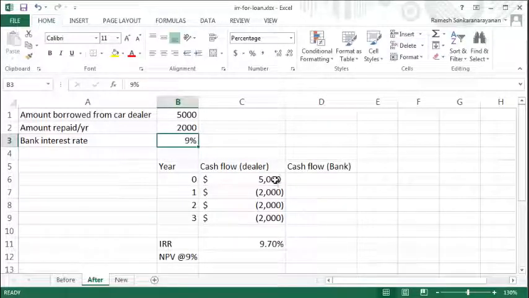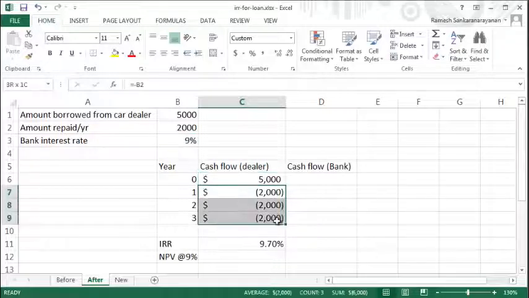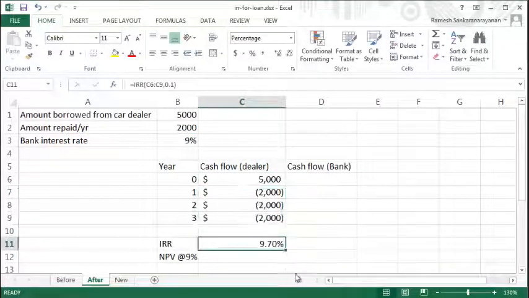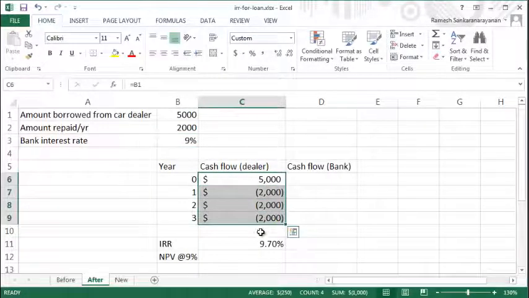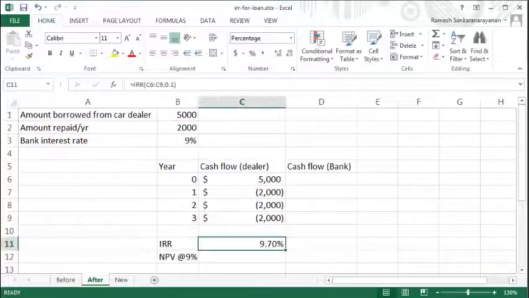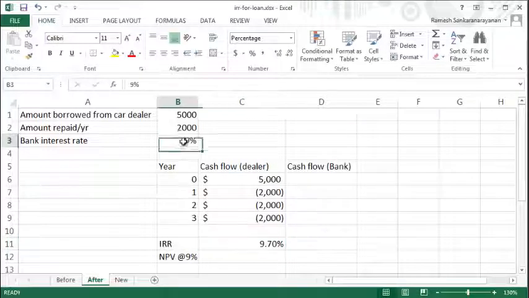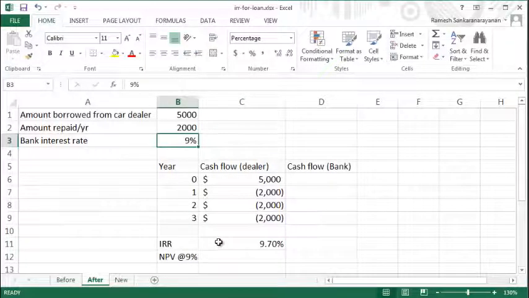But in this case you're actually borrowing this money and repaying it over the next 3 years, and your internal rate of return is higher than the bank interest rate. So this is actually bad for you. Borrowing money on these terms from the car dealer is bad for you because its internal rate of return at 9.7% is higher than the interest rate you would pay by borrowing from the bank.